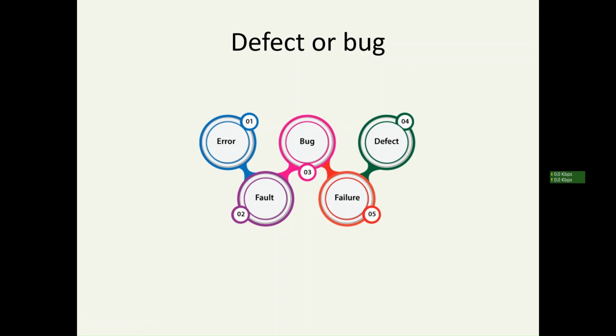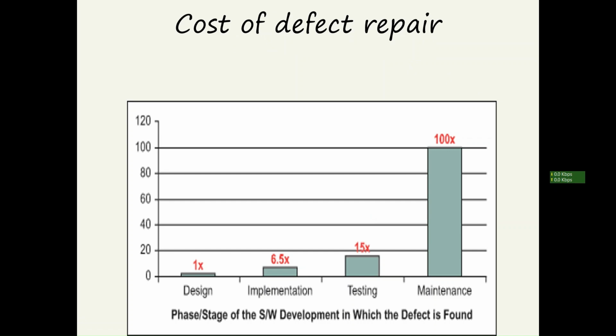Hope you are clear. Now, the cost of defect repair. When a defect in the software development life cycle is identified in the early phase, the cost is less. But when you identify it at the maintenance phase, the cost will be huge, the impact will be huge.